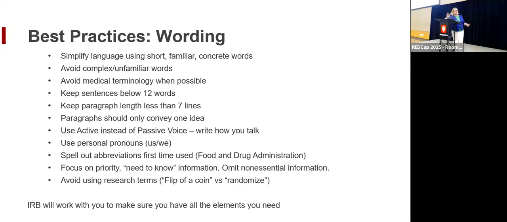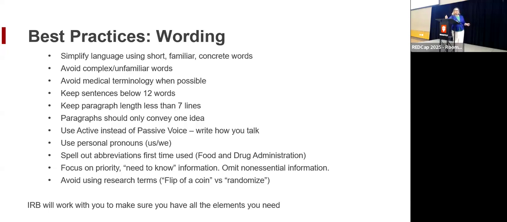Best practice on wording: simple language, avoid medical terminology. Easier said than done, right? There are some things where you wonder how you're going to explain this complex medical concept in a manner that people understand. Michigan has resources, and NIH has resources, on how to take medical terminology and make it user-friendly, and you can find some of those words to help.